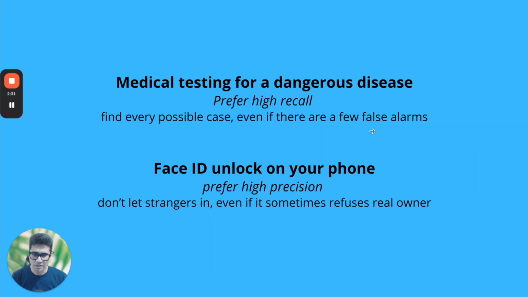So now what is the real implication of this in the real world? When you're doing medical diagnosis, or evaluation or screening for cancer or diabetes or any of these other diseases, you prefer to have a very high recall. It's okay to have a few false positives. It's perfectly okay, right? You don't want to miss anybody out.